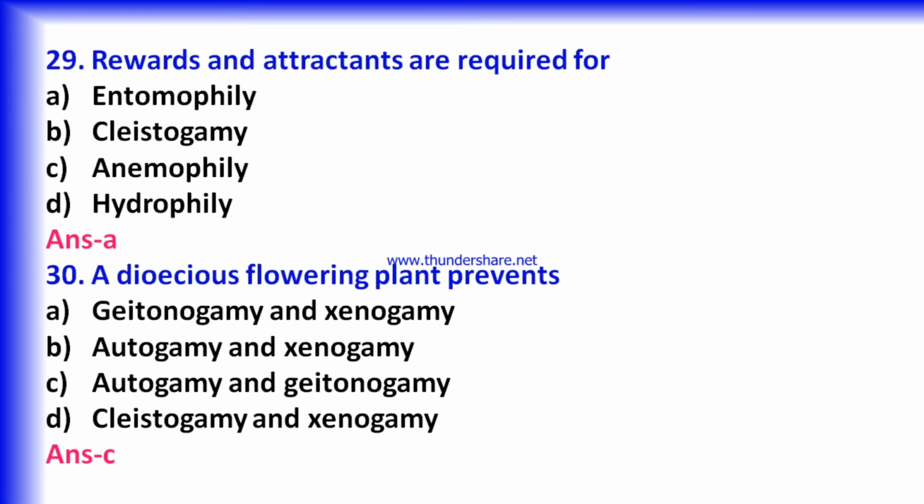Rewards and attractants are required for entomophily, cleistogamy, anemophily or hydrophily. And the right answer is entomophily. A dioecious flowering plant prevents geitonogamy and xenogamy, autogamy and xenogamy, autogamy and geitonogamy or cleistogamy and xenogamy. The dioecious flowering plants prevent autogamy and geitonogamy. Option C is the correct answer.